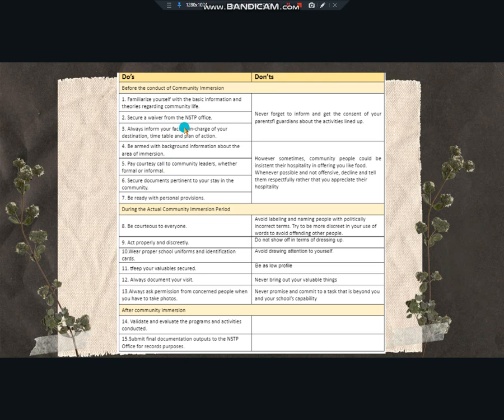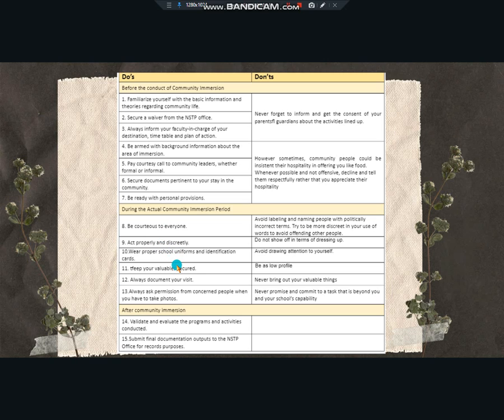And pasign natin sa parents natin, sa mga consent ng mga guardian natin. Never forget to inform and get the consent of your parents or guardian about the activities lineup. During the actual community immersion period, kailangan marunong tayong respect everyone.